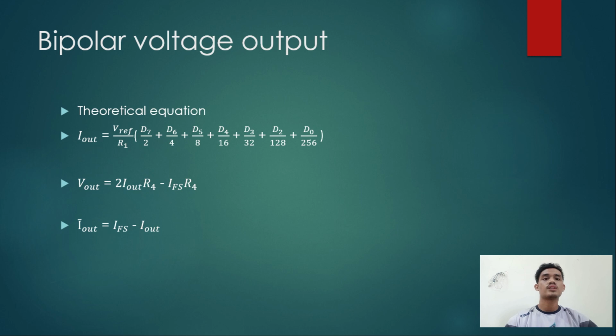The equation for current output is the same as the previous equation for the unipolar voltage output, but the difference is to calculate the voltage output, we have to calculate 2 I out R4 minus IFS times R4. To find I bar out, we just subtract I out from IFS.